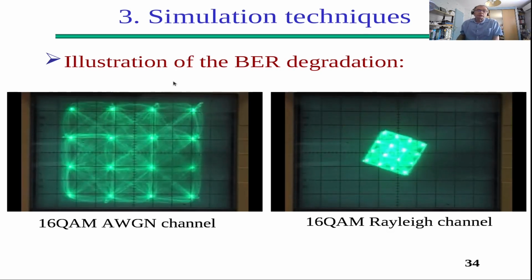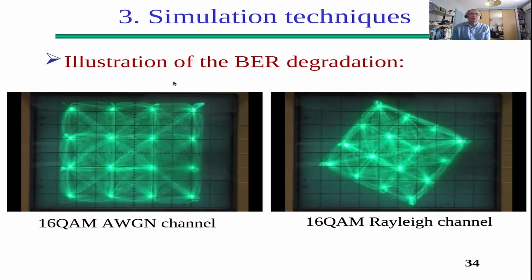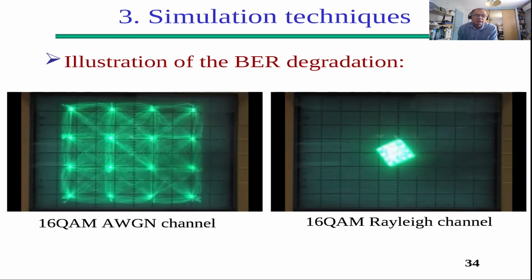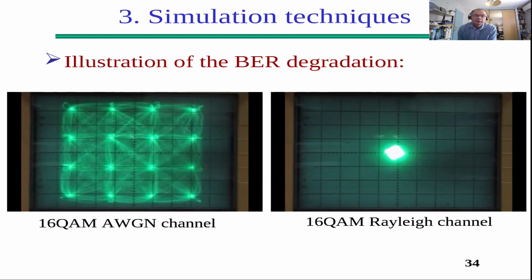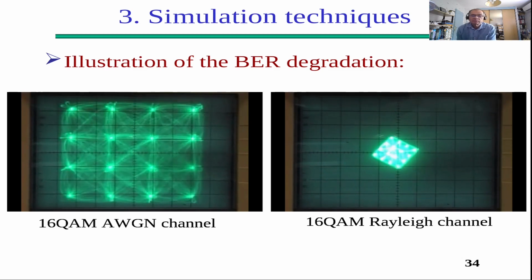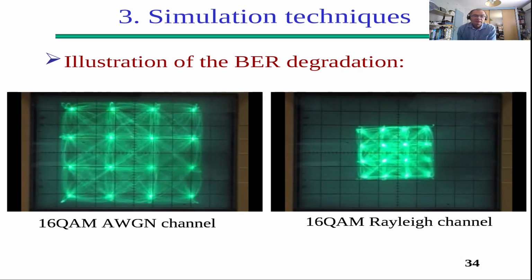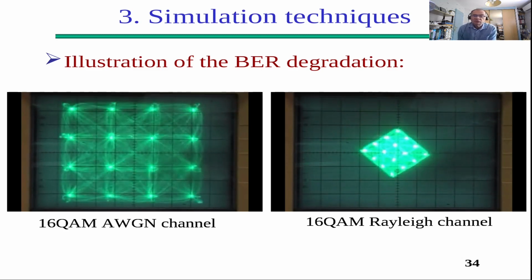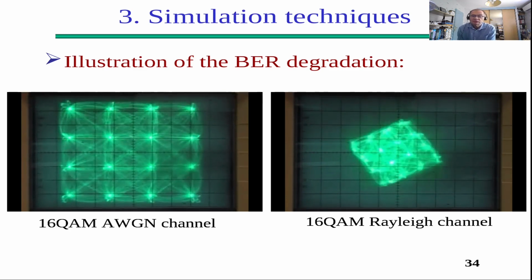And if we look now at a 16 QAM transmission using lab equipment, on the left you've got the AWGN channel, which is quite easy to recover the data because in fact all the different points are really not far from the theoretical decision region, whereas on the right you've got the same transmission on a Rayleigh channel.